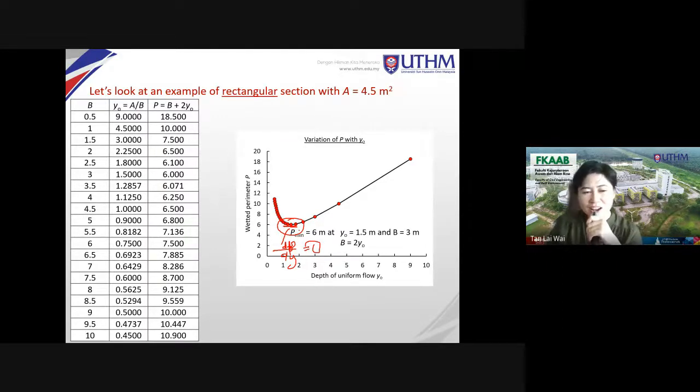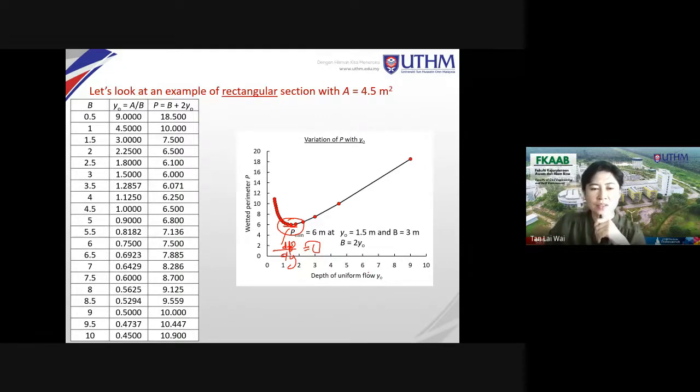That is the concept we use to find the best hydraulic section: when we set dP over dy equals to 0, it will give us P minimum, because this is upward concave. So you are going to get a P minimum value.